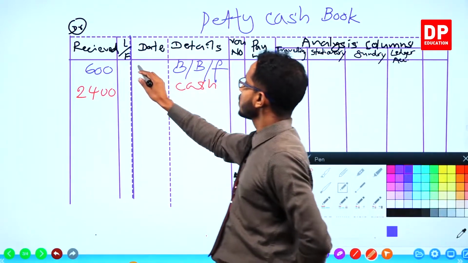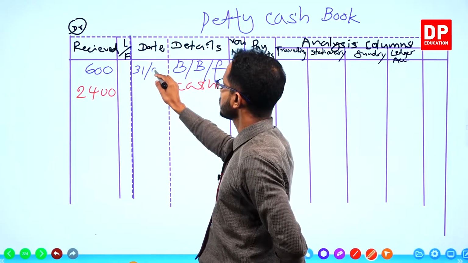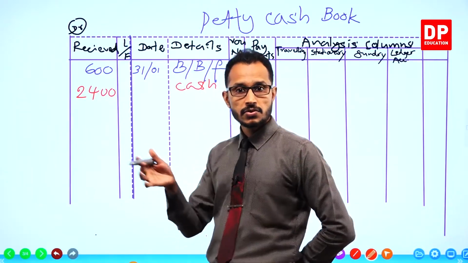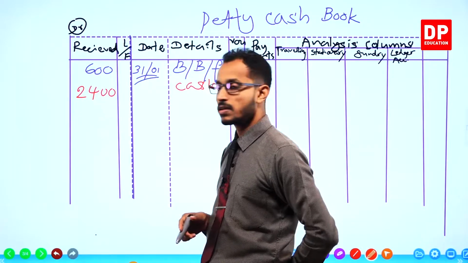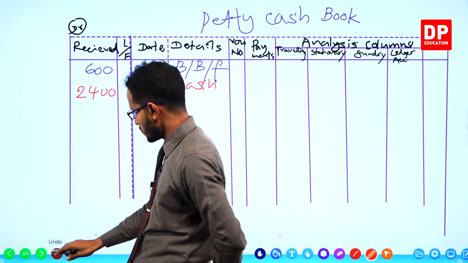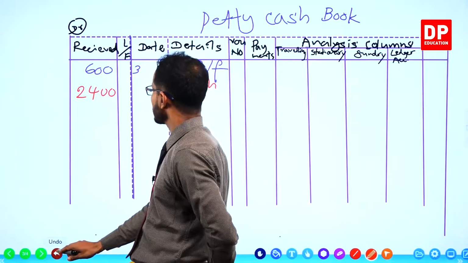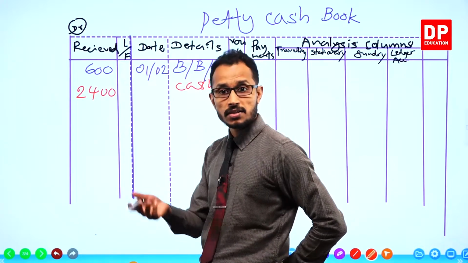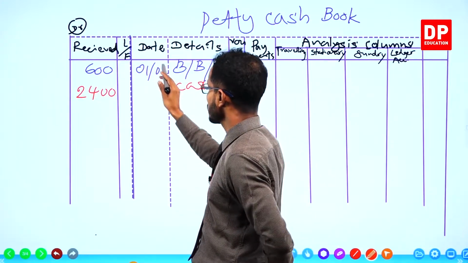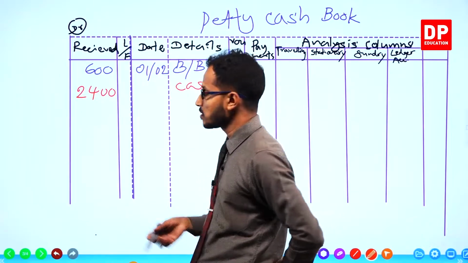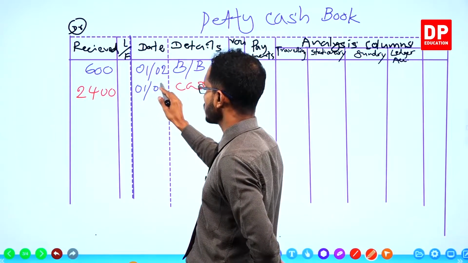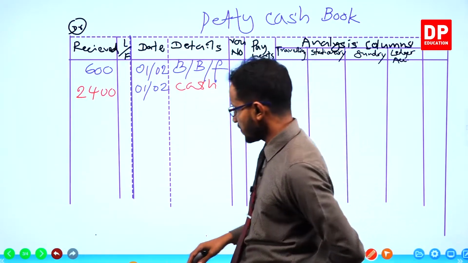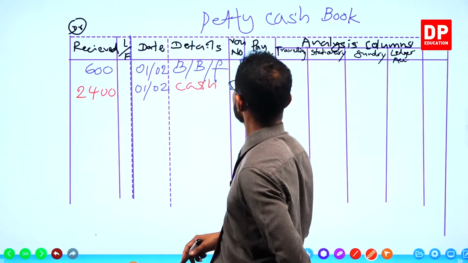This is coming from 31st January. Is it correct? Now, children, it should be 1st of February. Brought forward is always brought forward to the next month first. The brought forward should always be the first of the month. And reimbursement is also done on the first of the month, 1st of February. Right. We recorded the reimbursement now.